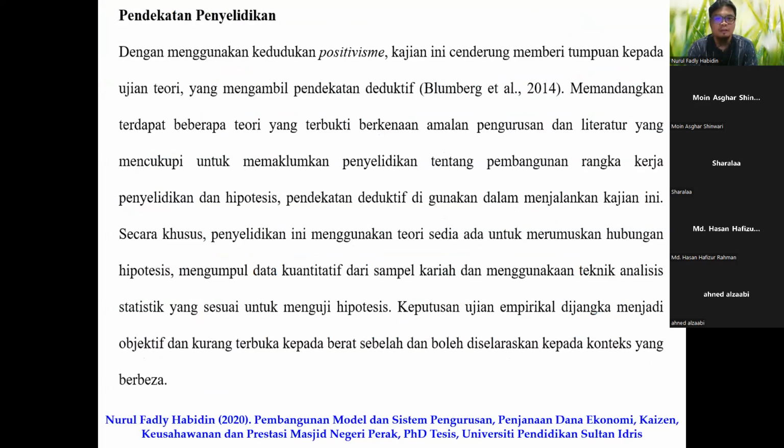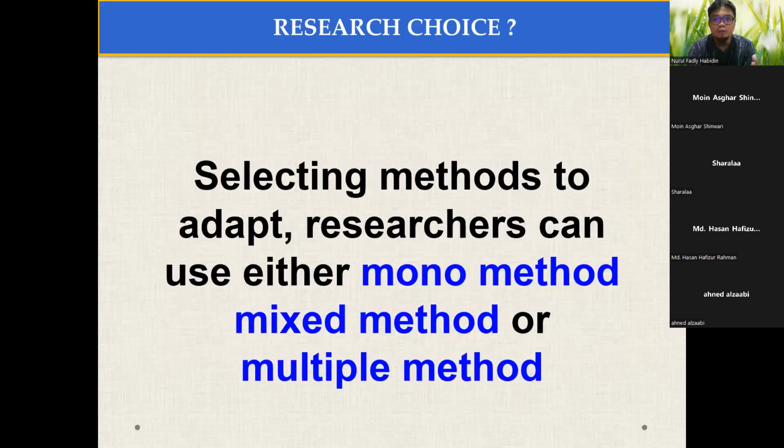Okay. All right. Now we go to the research choice. Choice means that we have known the research design, research philosophy, research approach. Next is research choice. Research choice is, after you are clear about inductive, deductive, and abductive, now I can decide whether to use mono method, mixed method, or multiple method.